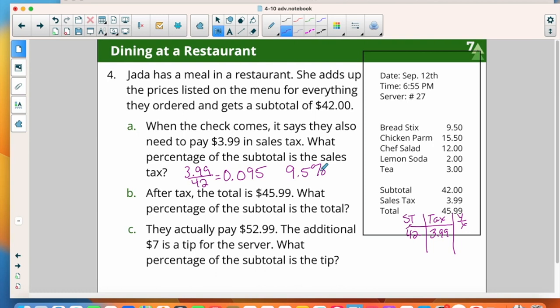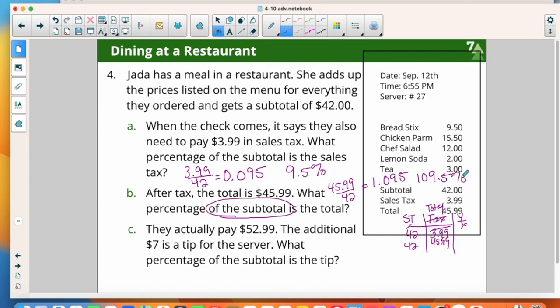After the tax, the total is $45.99. What percentage of the subtotal is the total? So 42, but now instead of tax, I want the total, $45.99. So if we do $45.99 divided by 42, we get 1.095 or 109.5%.